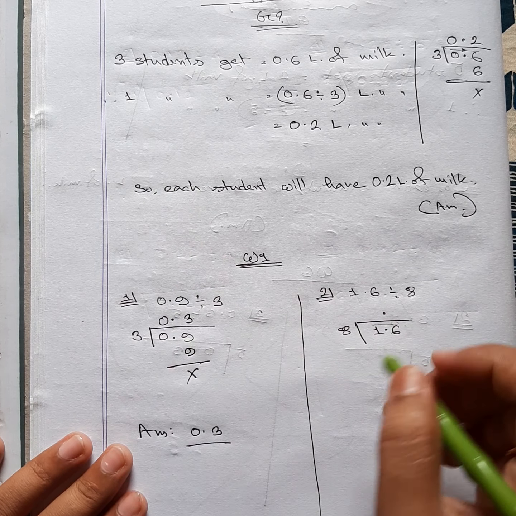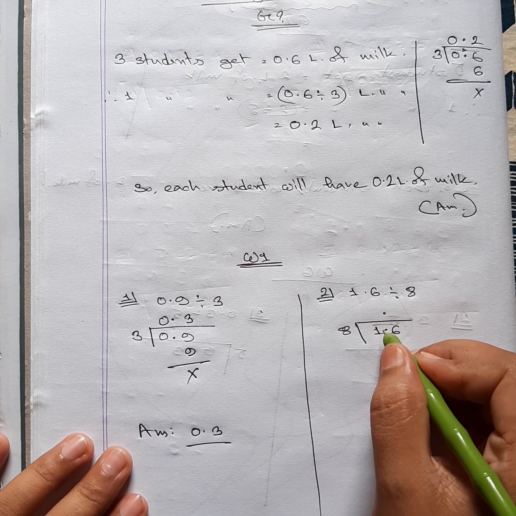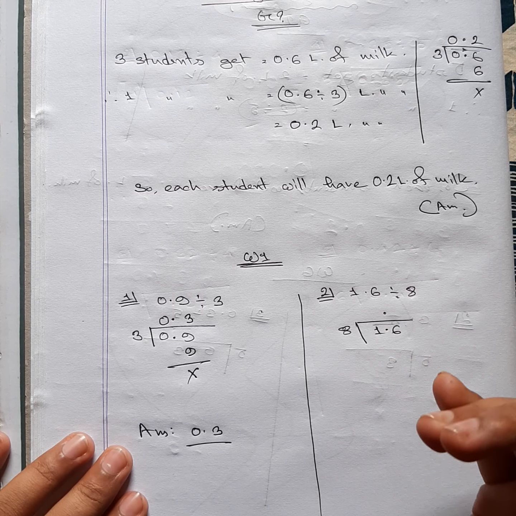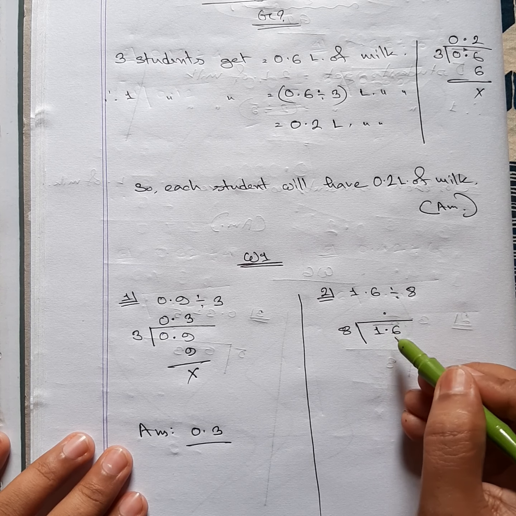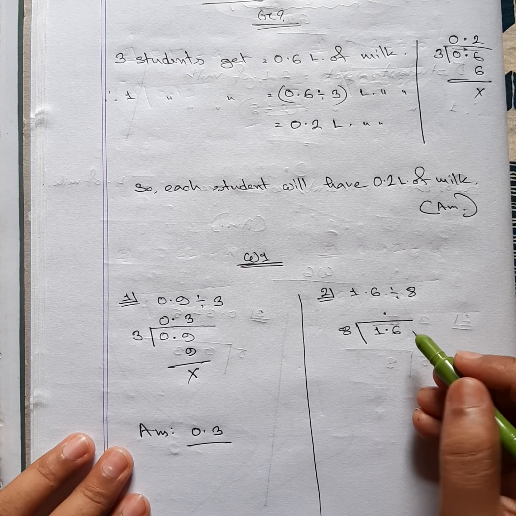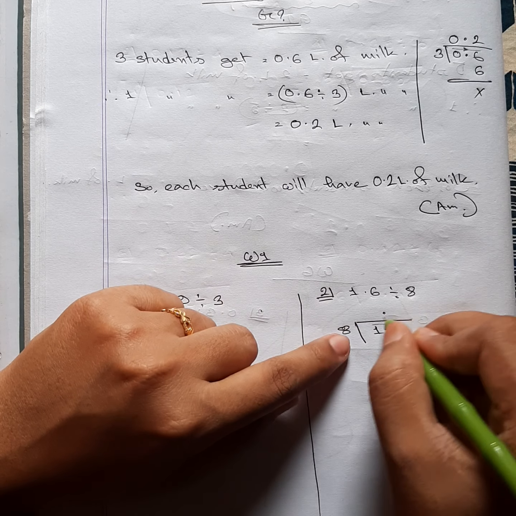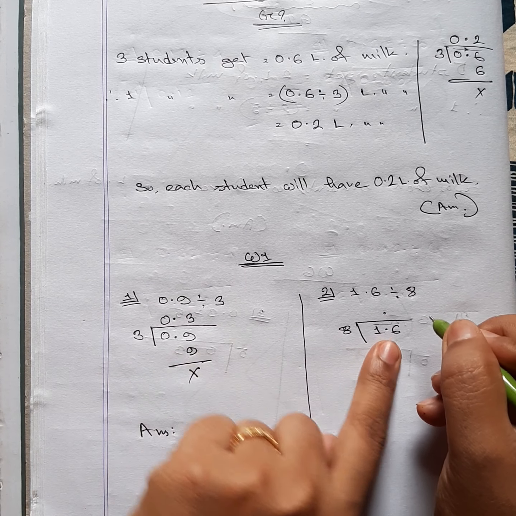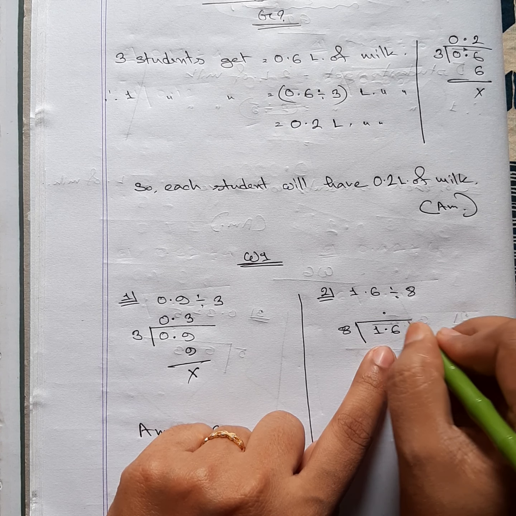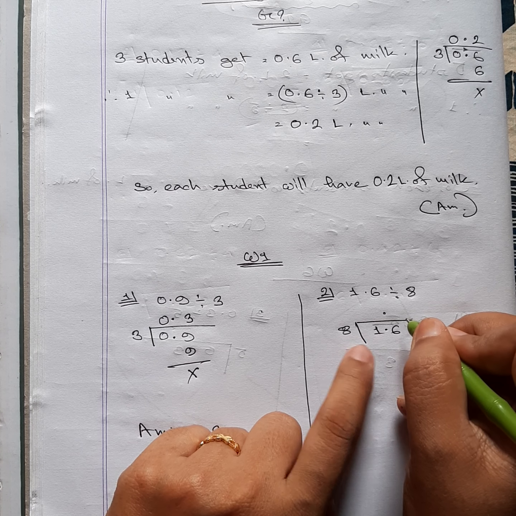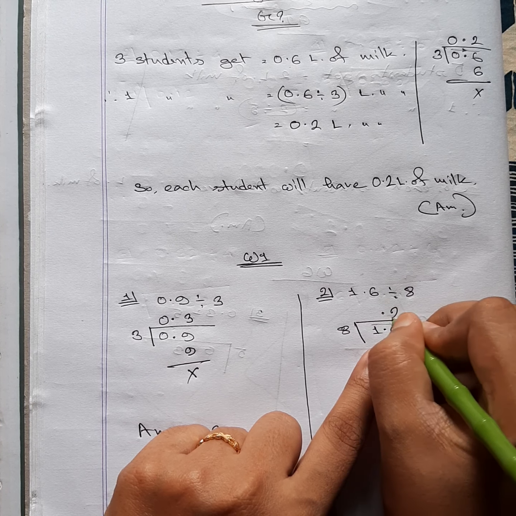Always remember, if in the process of taking another digit you cross the decimal in any manner, at that time we need to put it over here. So 16 here, we have taken the decimal and given it over here, and 16 in 16, 8 fits 2 times.